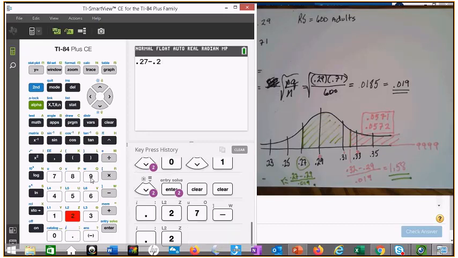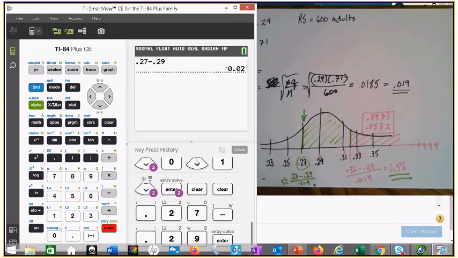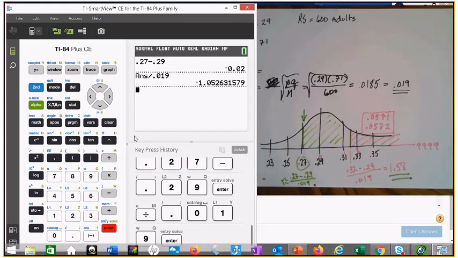Somebody got 14 yesterday. I don't think that's right, because what does my picture say? My picture says -1. Oh, there we go. I got it. -1.05.